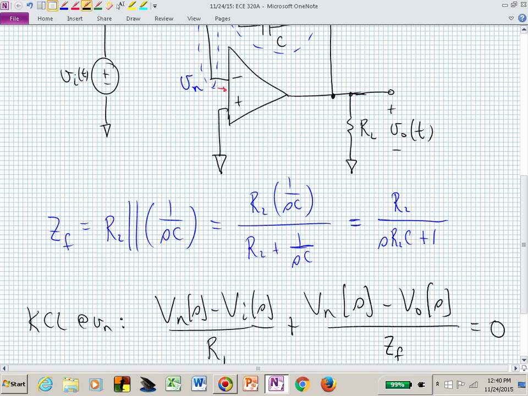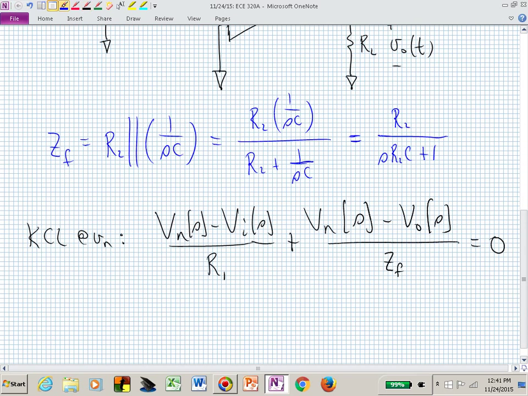This simplifies considerably because what do we know about capital V sub n? Since this is a negative feedback, we have this basically virtual connection between the inverting and non-inverting terminals. Their voltage separation is 0. And the non-inverting terminal is connected to ground, or the reference terminal in this case. So capital V sub n is 0.